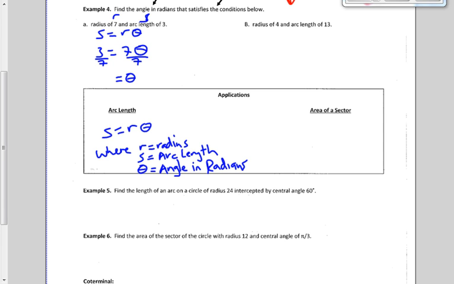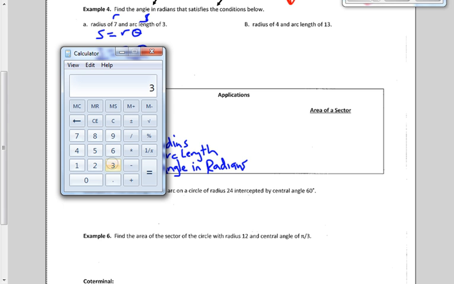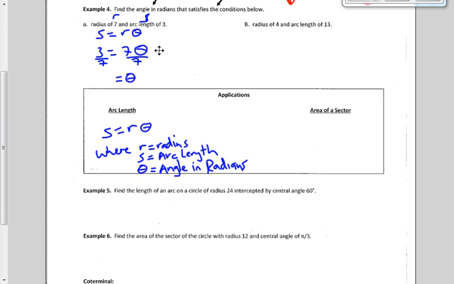And theta is equal to 3 divided by 7, which we actually want to divide out here. 3 divided by 7 is 0.4286. Well, we'll do it to the 10,000ths position. So there's theta. You need to know that that's actually in radians.